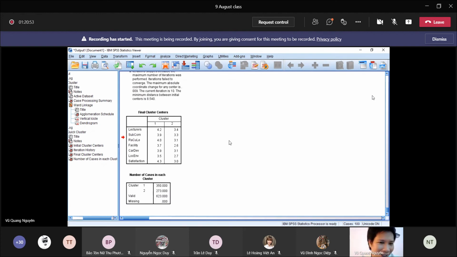The first segment is people who are, let's say, good in all aspects with the university and very much satisfied. And the second cluster, people who are bad in all aspects with the university and not satisfied, then you get fired. Because this one, although very good in a mathematical way, is not good in a managerial way. No meaning in management, see?